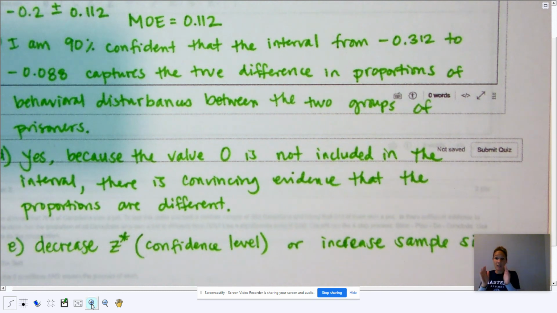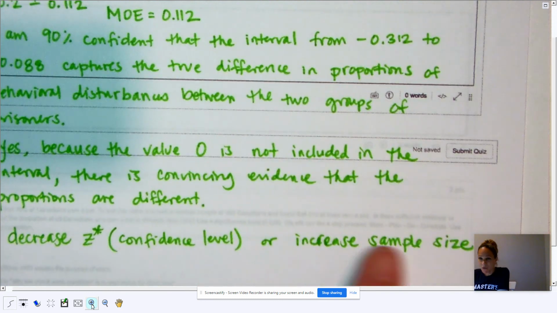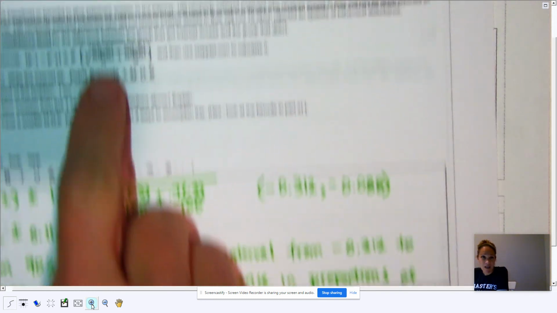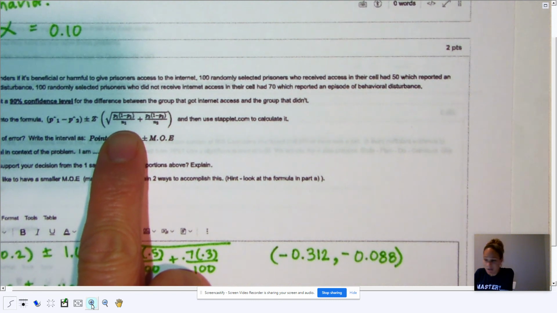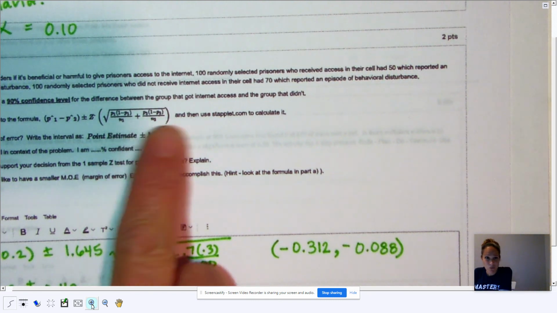The more certain I want to be, I have to cast my net a little bit wider to capture that true proportion, right? If I'm okay with being like 90% confident, then I can narrow down a little bit. And then the other way would be increasing the sample size, because you see that we are dividing by, I know it's like size 2 font, that's an N1 and an N2.